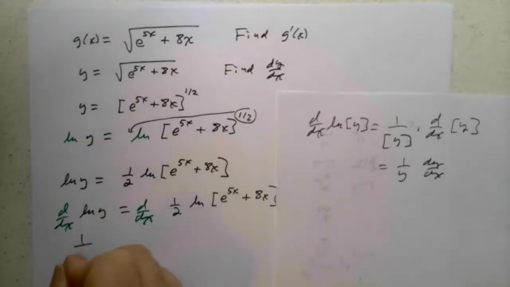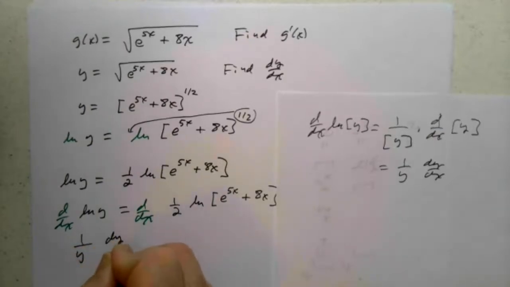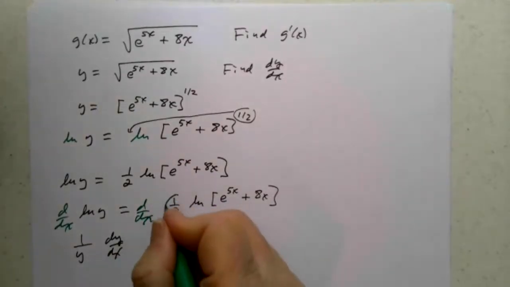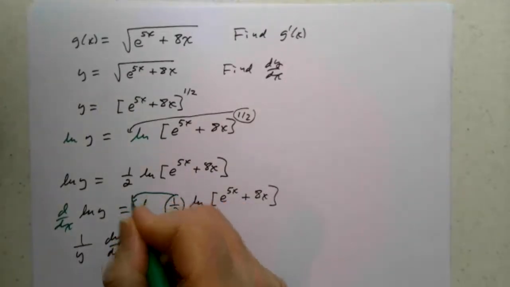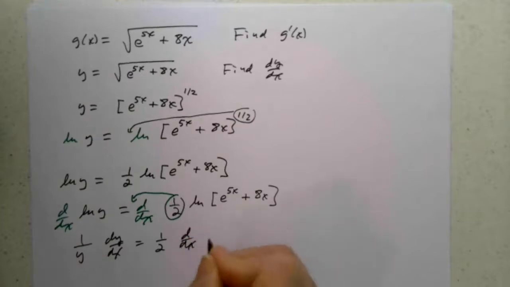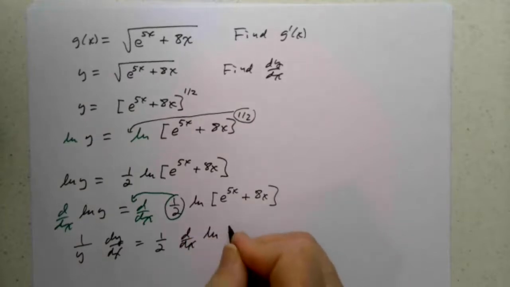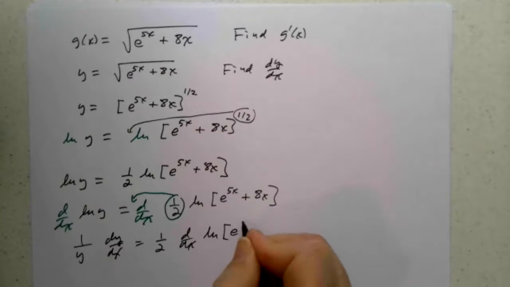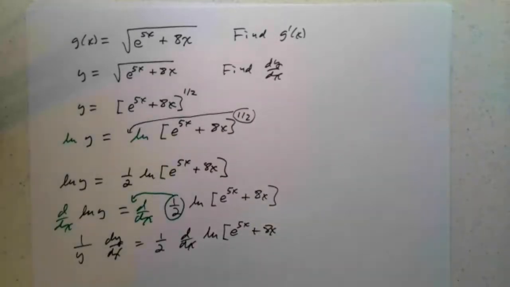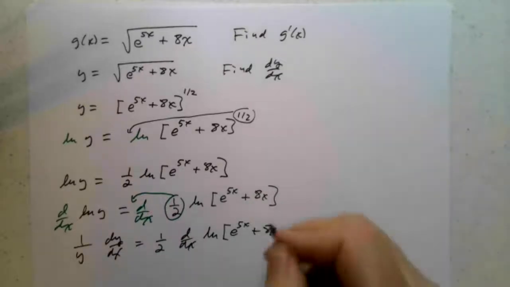Left side, 1 over y dy/dx. Right side, well, let's pull that 1/2 out in front first. So the 1/2 comes out in front, and we get 1/2 times the derivative with respect to x of the natural log of e to the 5x plus 8x. And we need to do that one next.